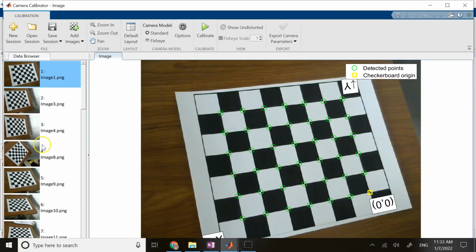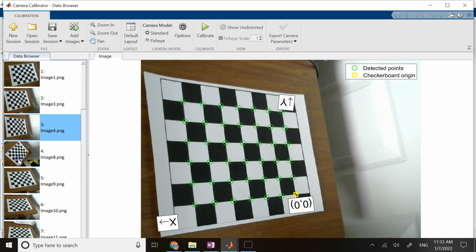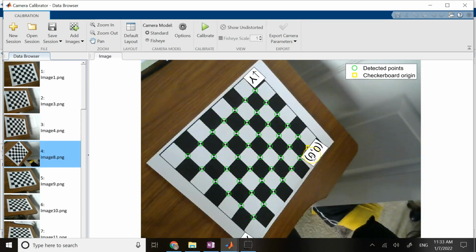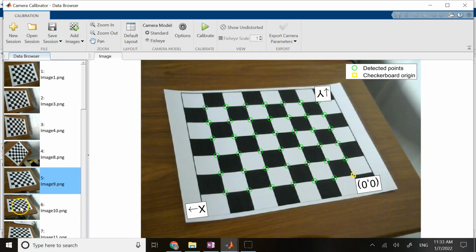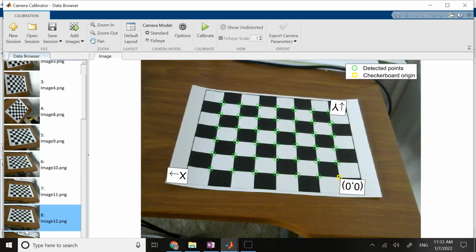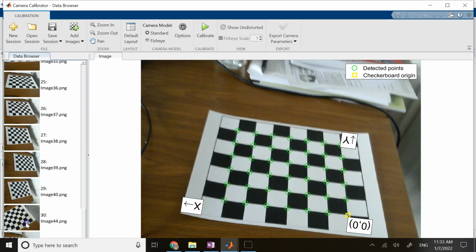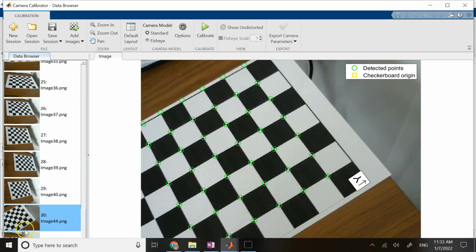Okay, so all of these 31 images are good, and you can see clearly now when I go from one image to the next, it constantly and consistently detected this bottom right corner as the origin, and it could detect all of the other 6x7, 42 corner points. Okay, so it did get more than what it wanted.